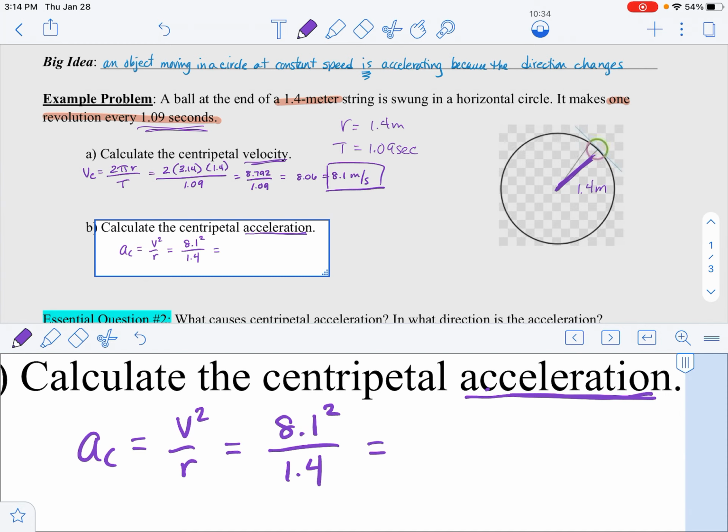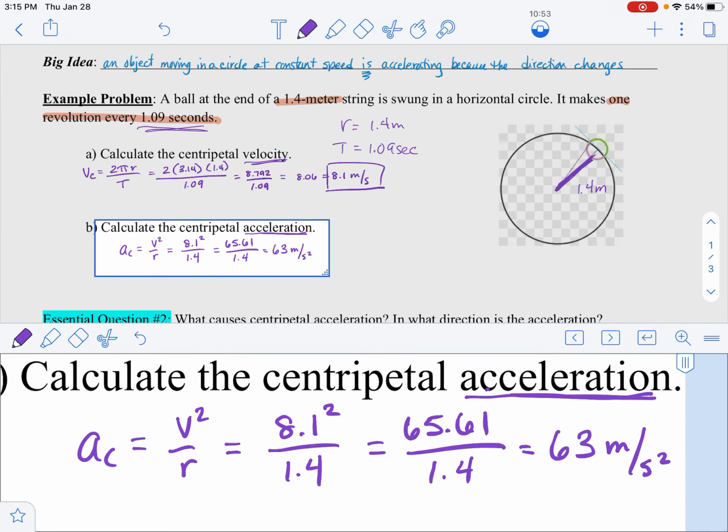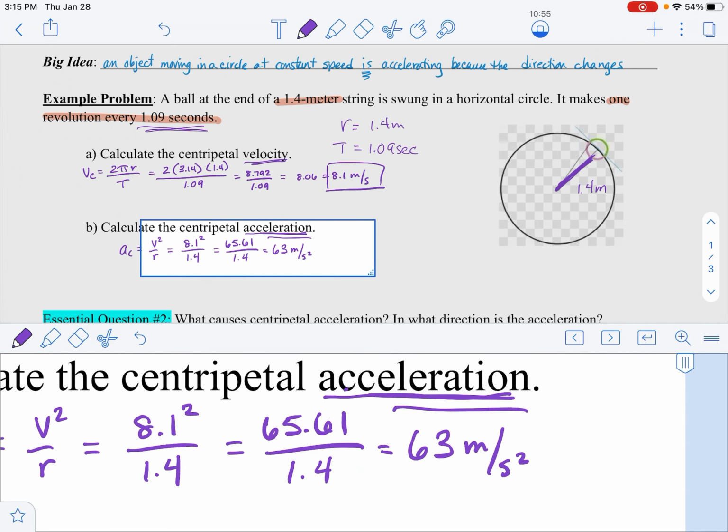So I'm going to plug that into my calculator. I'm going to do 8.1 squared first, and that's going to give me 65.61 over 1.4. When I divide that out, I get 63. This is still acceleration, so it's meters per second squared.